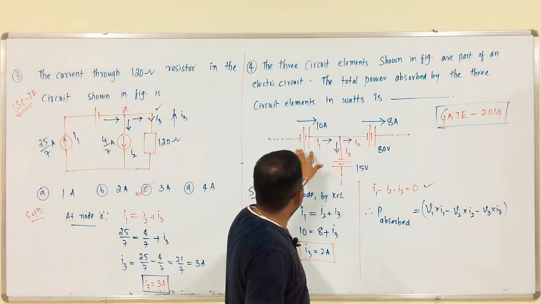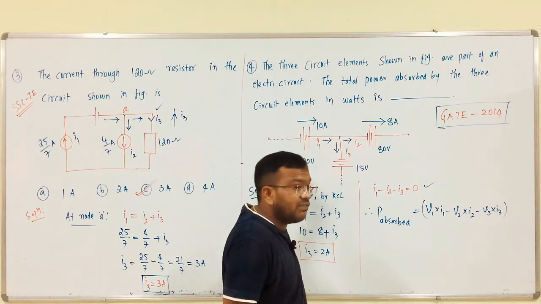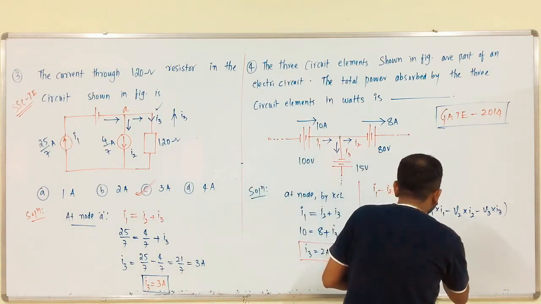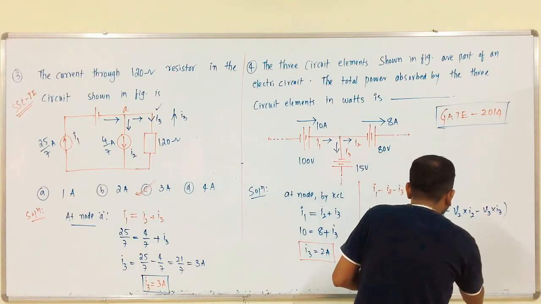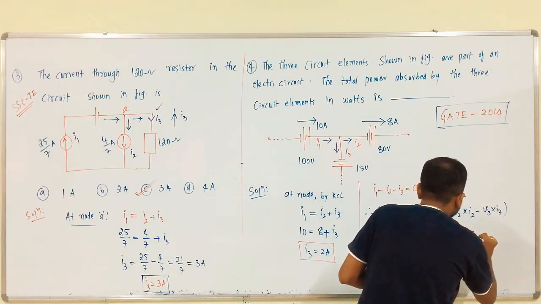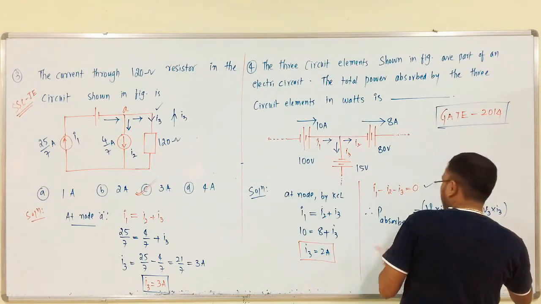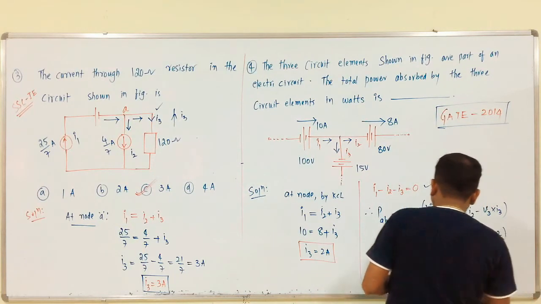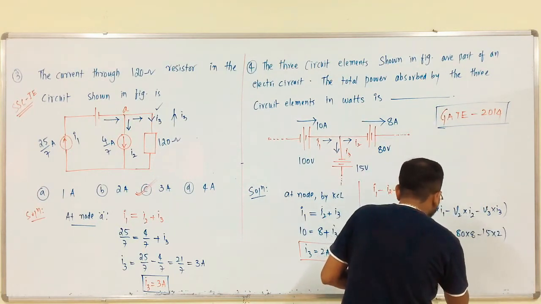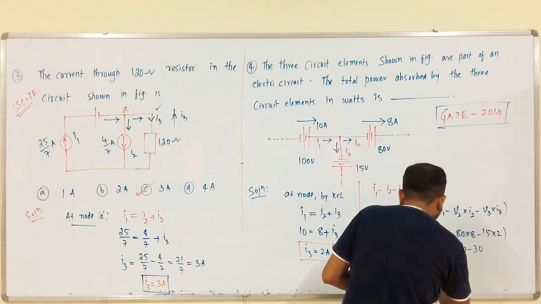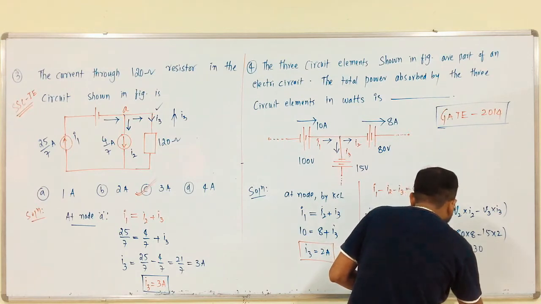Because each voltage source has a different voltage value. So, which is equal to what? 100 into 10 minus 80 into 8 minus, what is the value of V3? 15 into I3, which is 2. So, 1000 minus 640 minus 30. So, the total power absorbed is 330 watts.